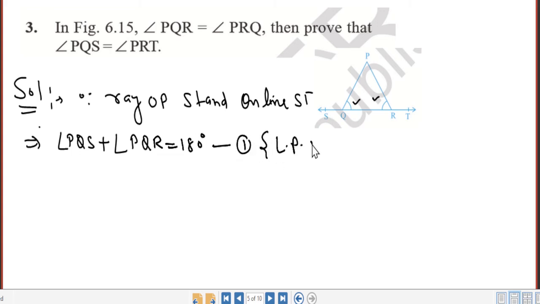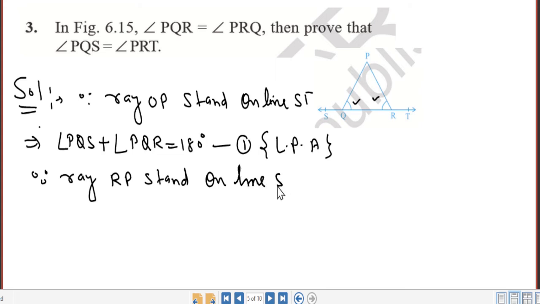Reason, linear pair axiom. Again, actually in geometry, we have to give the proper reason beta, that is the main thing. Since ray RP stands on line ST, so therefore what happened? Sir, can you please explain what is the meaning of LPA?